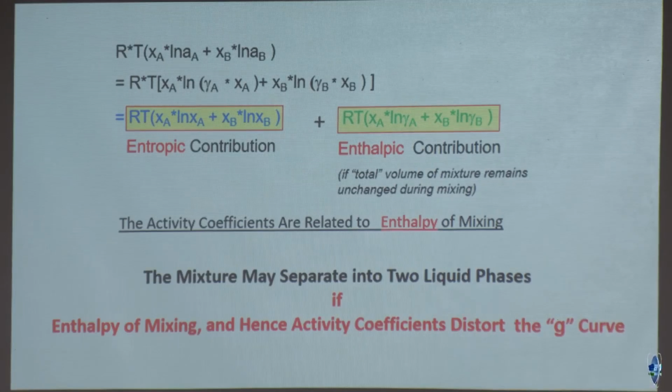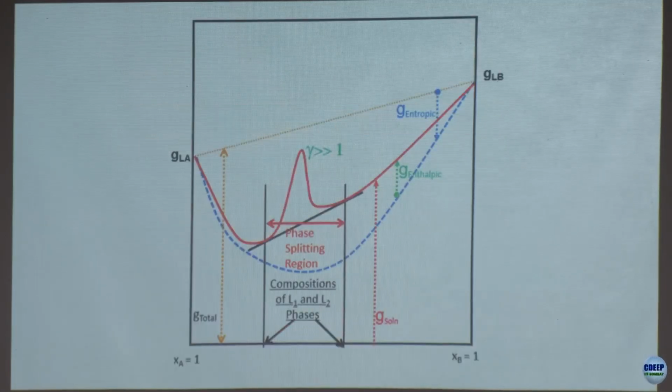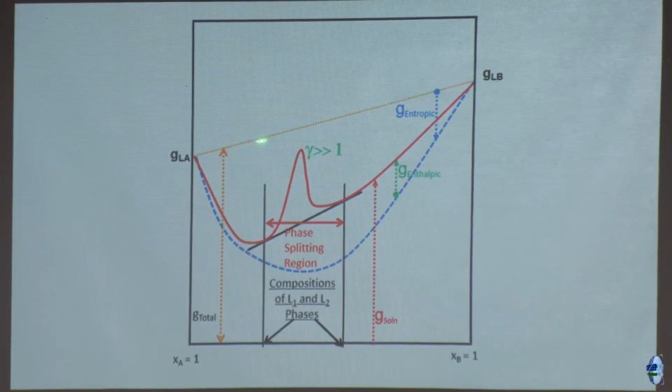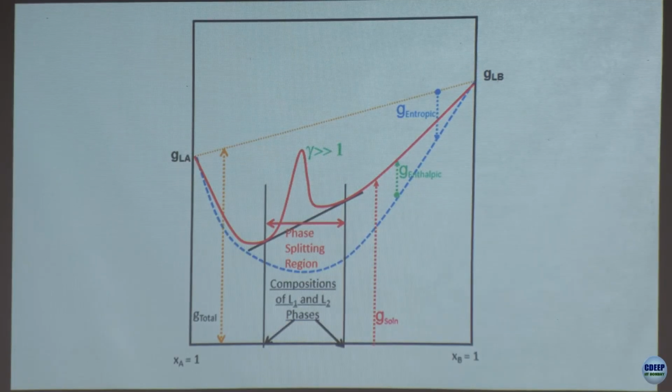So what happens? Because of the enthalpic contribution, when activity coefficients are extremely high, you start getting such kind of distortions. So this was the original unmixed state. This was the state for the ideal mixture of A and B, and this is the enthalpic contribution because of which it has gone like this.